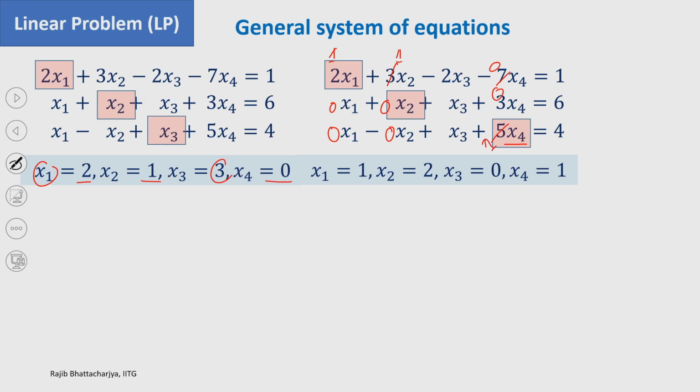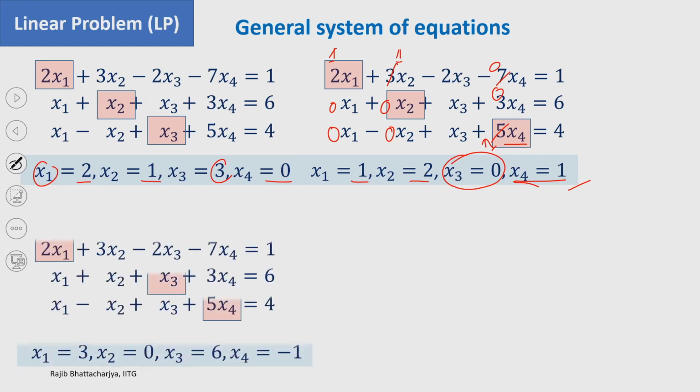So I can do that, and finally the solution I am getting is x1 equal to 1, x2 equal to 2, x3 is a non-basic variable so that is 0, and x4 equal to 1. So this is another solution. This is the first solution where x1, x2, x3 are basic variables, and for the second case, if I consider x1, x2 and x4 as basic variables, then I am getting another solution.